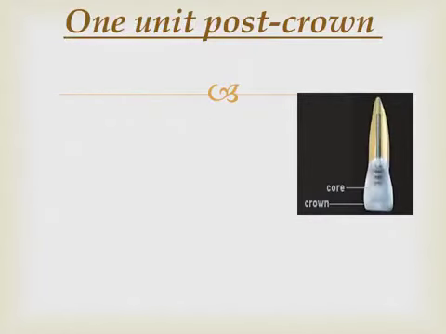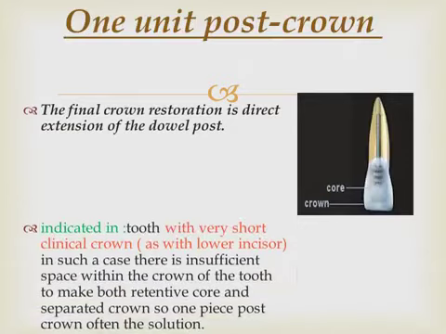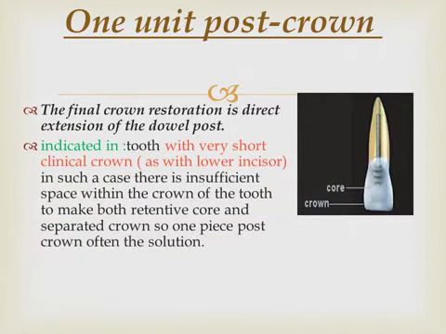The 1-unit Postcrown is indicated in a tooth with a very short clinical crown, as with lower incisors, because in such cases there is insufficient space within the crown of the tooth to make both a retentive core and a separate crown, so a one-piece Postcrown is often the solution.